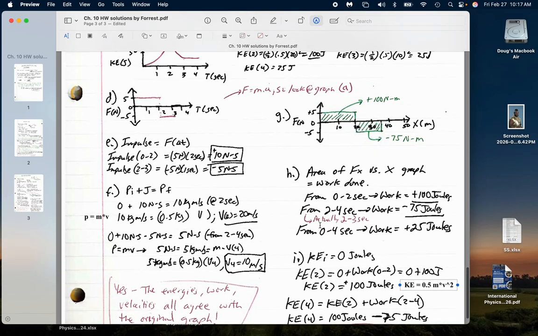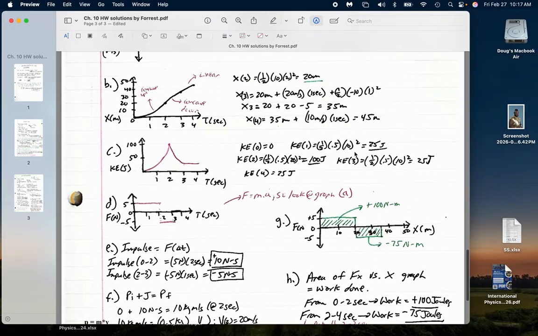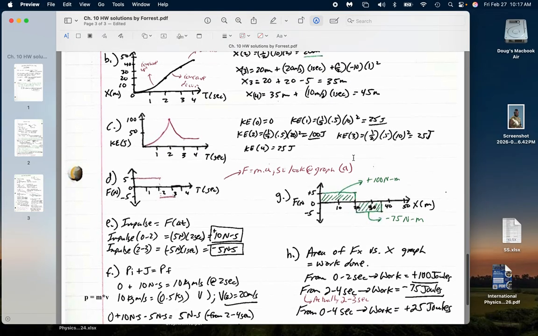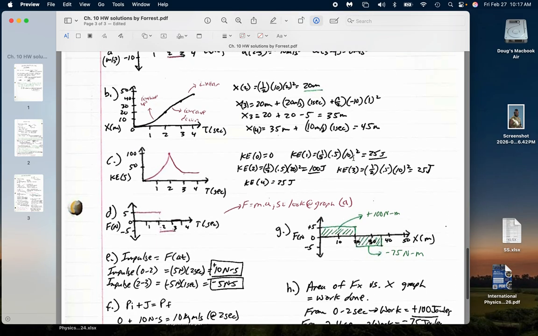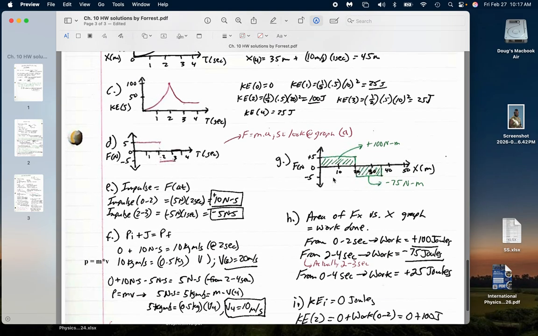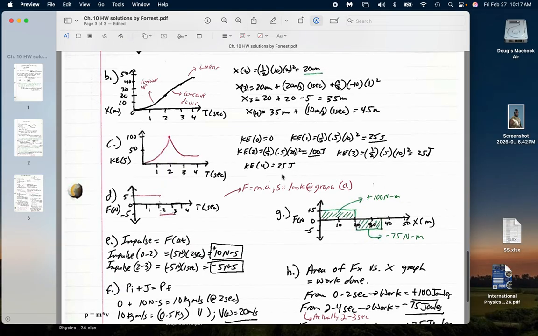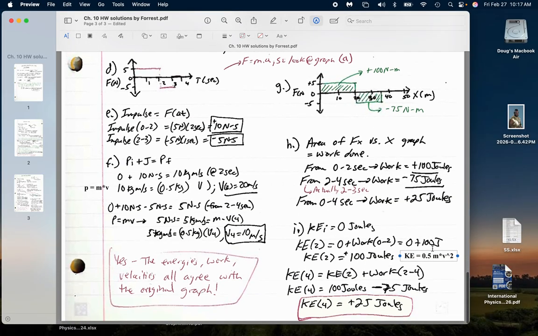When I do that, it's basically the same thing that happens up here. So after 2 seconds, I end up having 100 joules, and after 4 seconds, I end up having 25 joules. And so that would basically give me 20 meters per second here, 10 meters per second here. So anyhow, that's how I would get that.